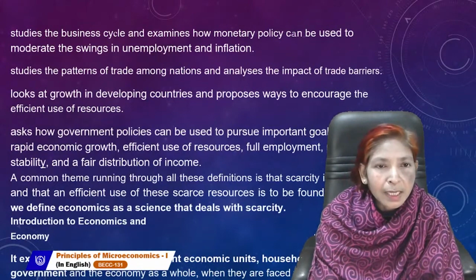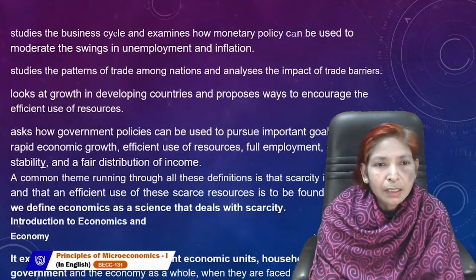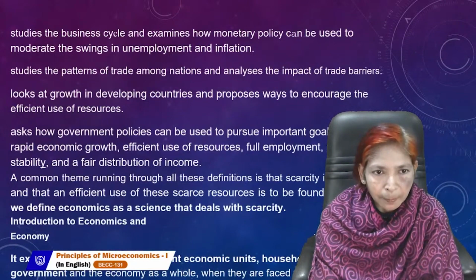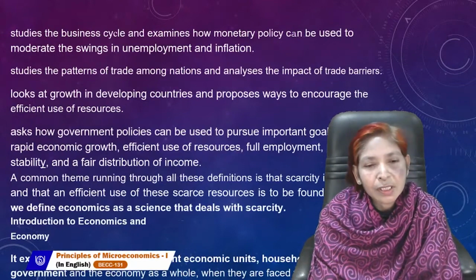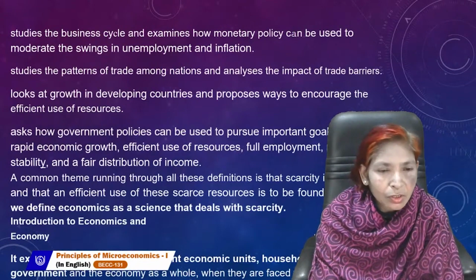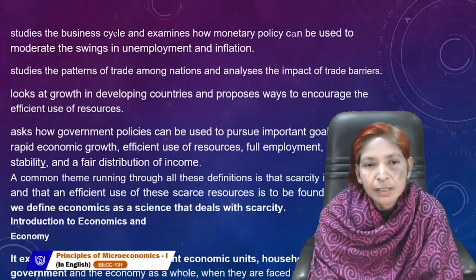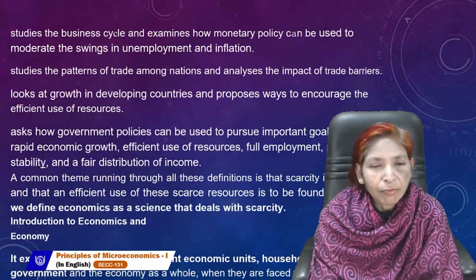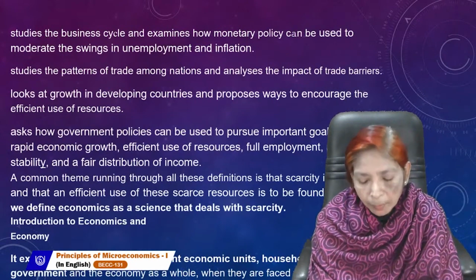Business cycles, monetary policy, unemployment, and inflation are part of macroeconomics. When we discuss scarcity of resources, an individual consumer, an individual producer, a single firm, an industry, or the price of one commodity, that is part of microeconomics.